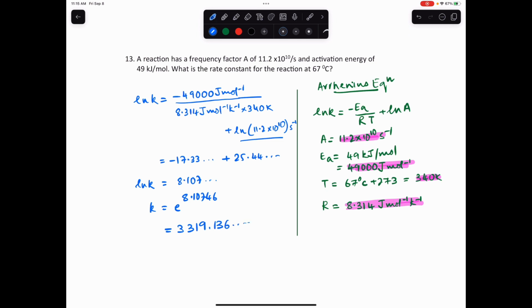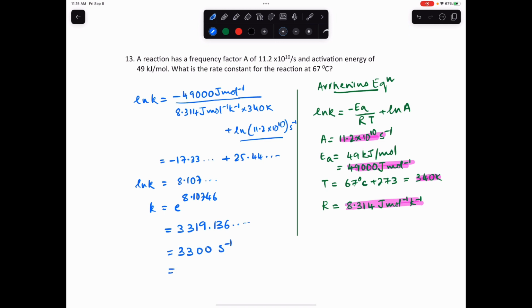If we round to the correct number of significant figures, we're going to make this 3, drop everything else and add placeholder zeros. So that's 3,300 per second.